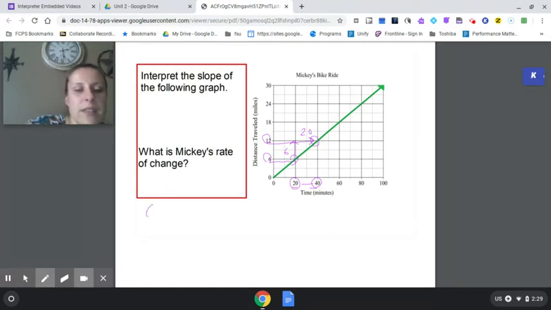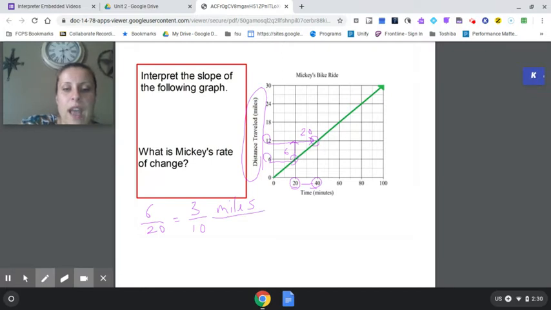So 6 over 20. That can reduce. If we divide them both by 2, we would get 3 over 10. If we think about units, the rise is changing the distance in miles. So 3 miles for every, the x is representing minutes. So Mickey's traveling 3 miles every 10 minutes.